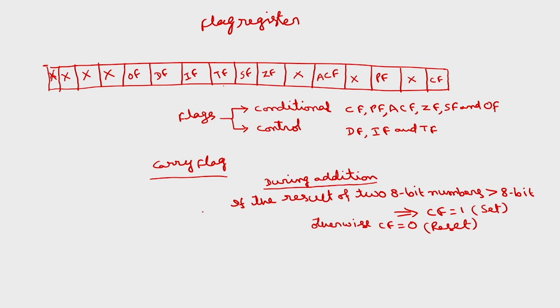This is during addition, whereas during subtraction, if the MSB needs a borrow, the carry flag is set. Subtraction is normally performed with a minuend and subtrahend.